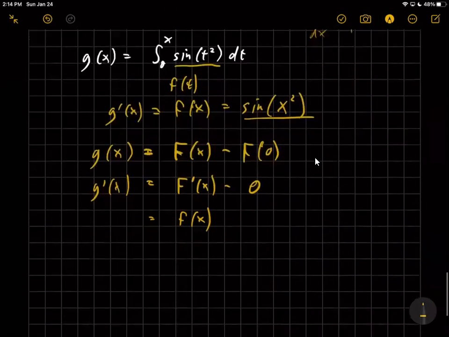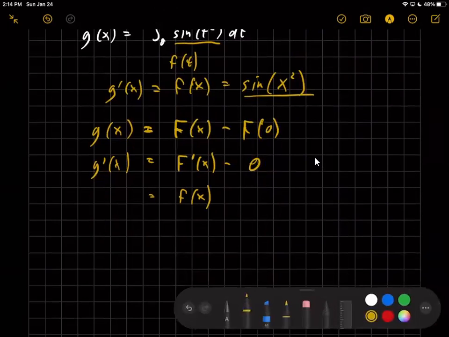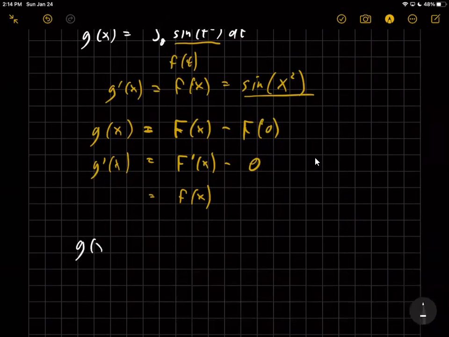Okay, a couple little tricks. What if we flip the limits? So this went from, let's say, x out to pi this time, of the sine of t squared with respect to t.